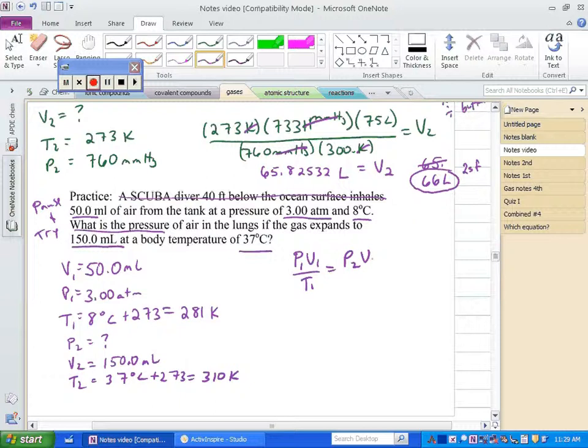There's our equation. P2 is our unknown. So times T2, cancels on the right. Divide by V2, it cancels on the right. Plug in our numbers.